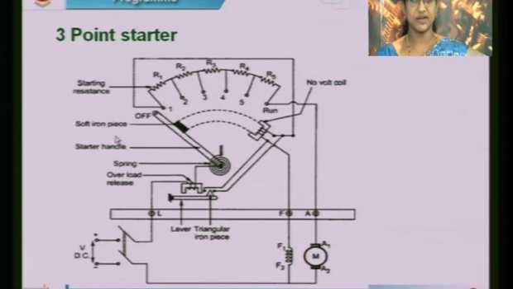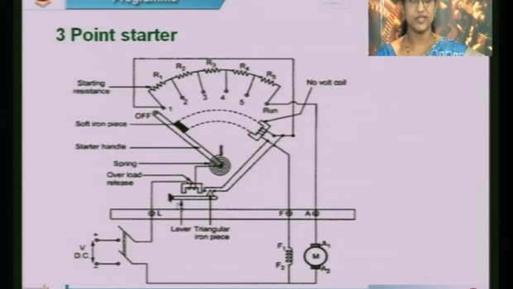Also the soft iron piece is attached to this. This conducting lever will move in this direction against the force of this spring, and this spring has the capability, because of its own force, to bring it back when the current is not flowing. Okay.